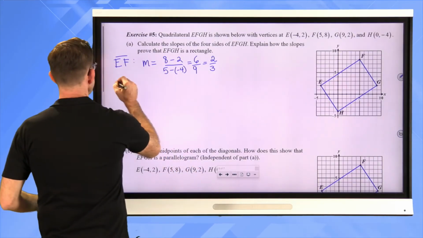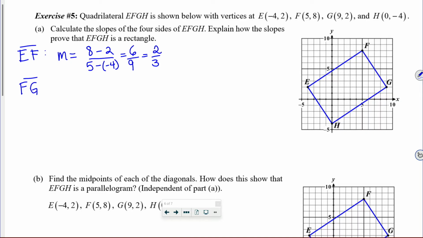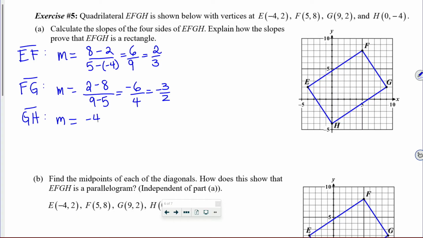Here we go. FG. M is equal to 2 minus 8 all over 9 minus 5. That's going to be -6 over 4. Reduced, that's -3/2. Then I'll have GH. M is equal to -4 minus 2 all over 0 minus 9, that's going to be -6 over -9.